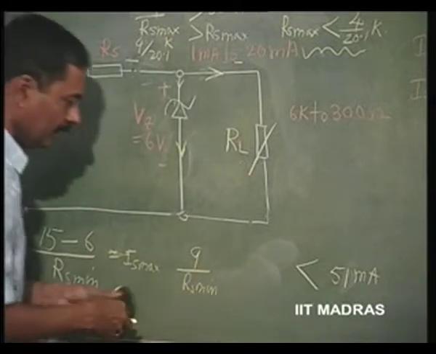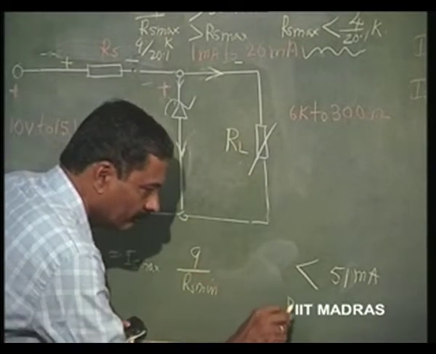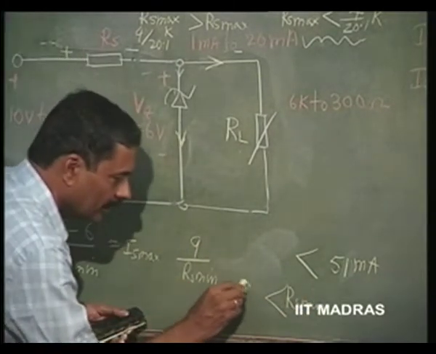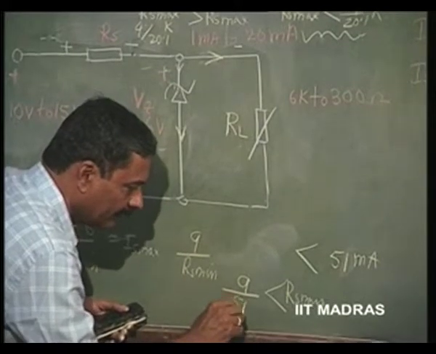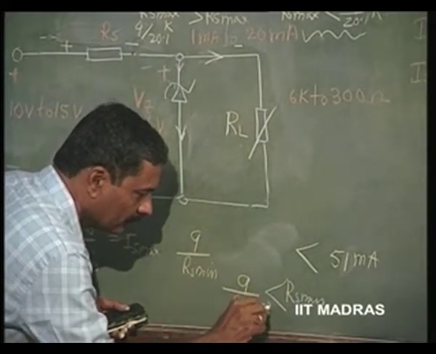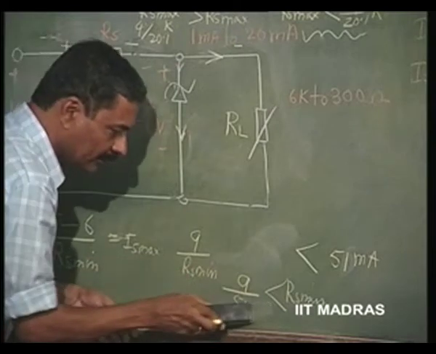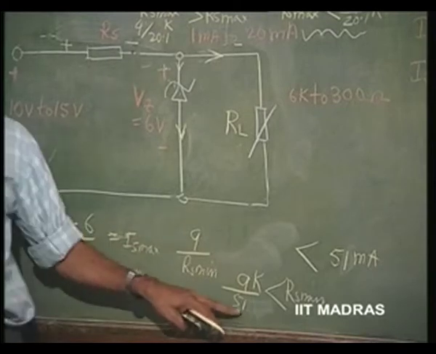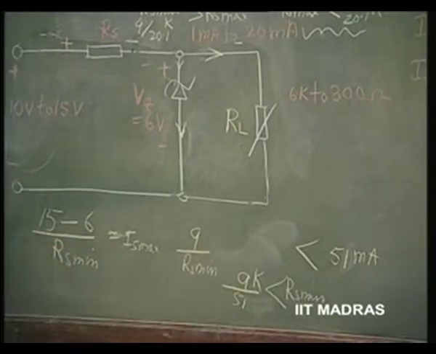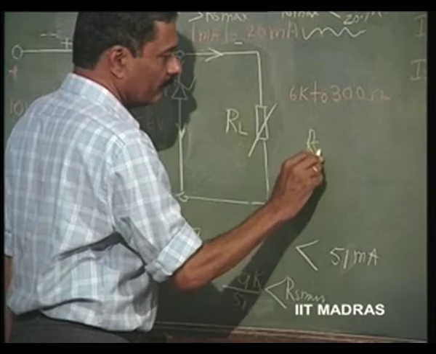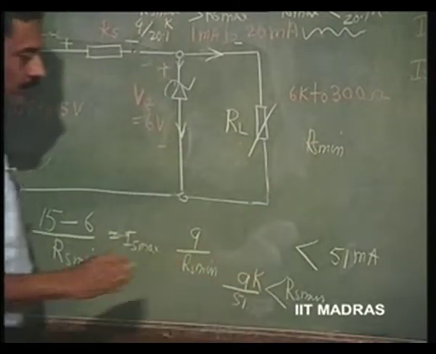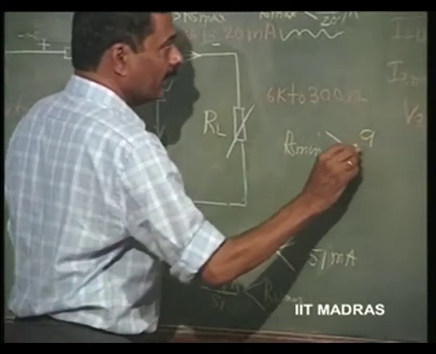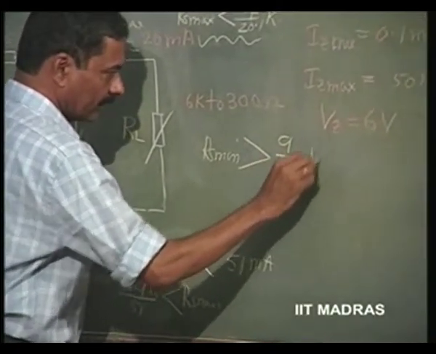So, again Rs minimum is 9 by 51 milliamperes, or 9 by 51 K, or Rs minimum should be greater than 9 by 51 K.